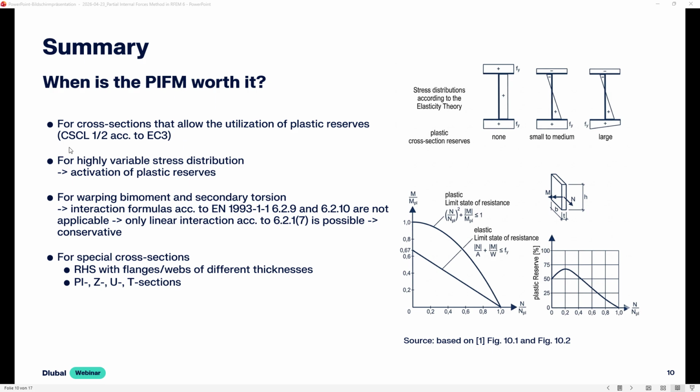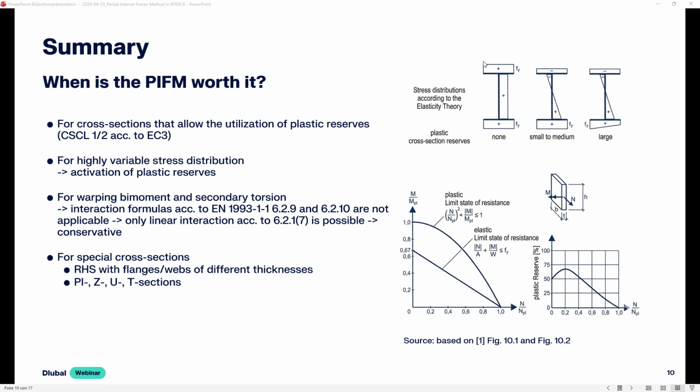Next point is PIFM is worth it if we have a highly variable stress distribution. To understand this sentence, please have a look at the image on the right side, the top image. If we have, for example, only a normal force in the cross-section, then we will receive a stress distribution like this.